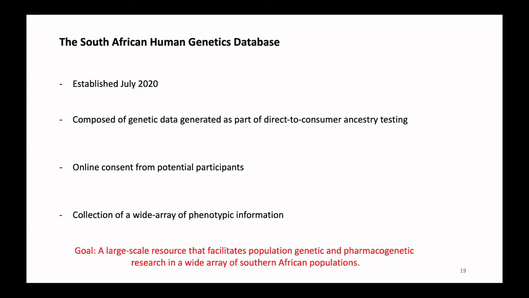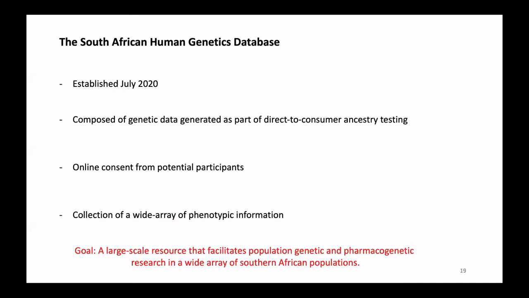One of the ways in which we would like to do that, particularly when it comes to genetic data, is I've recently established a South African human genetics database, which we just got ethical approval for. It's composed of genetic data generated as part of direct consumer ancestry testing in South Africa, which is starting to boom.